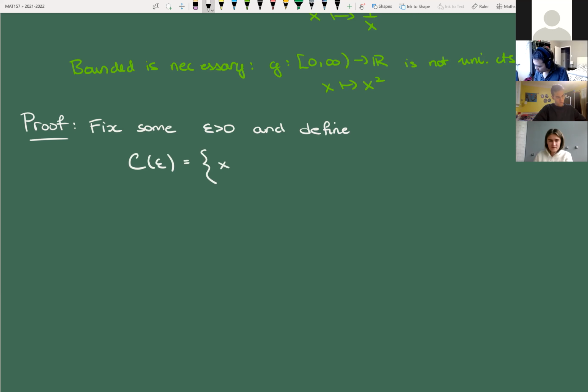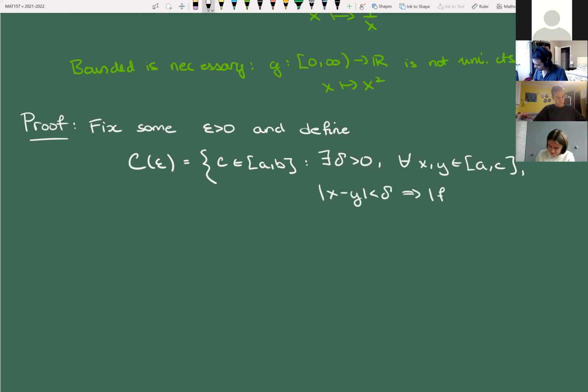This is going to be the set of all x in [a, b] such that there exists a delta greater than 0 such that for every x and y in [a, c], |x - y| < delta implies |f(x) - f(y)| < epsilon.